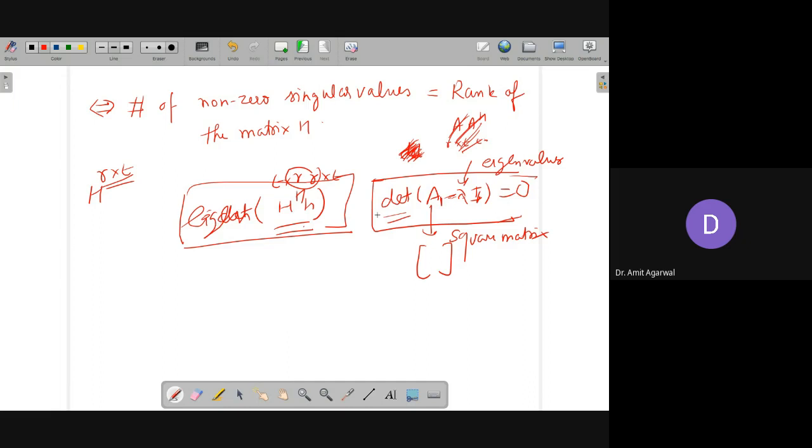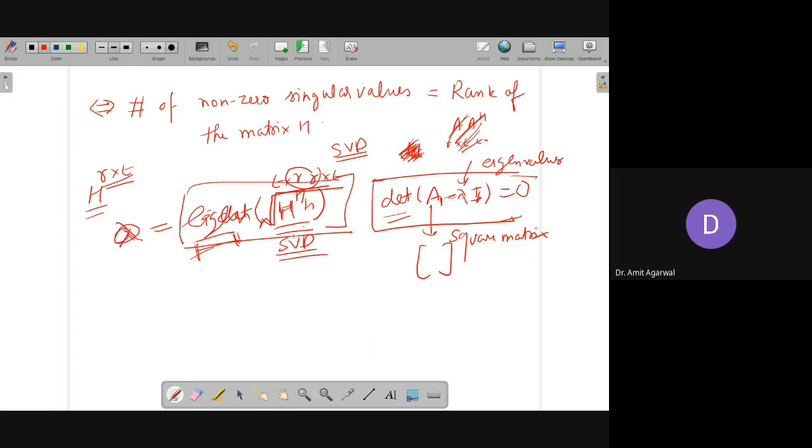I will just post some PDF on how to evaluate the singular values for any matrix H. But as far as I remember, the eigenvalues of root H Hermitian H, if I remember it right, are called singular values.